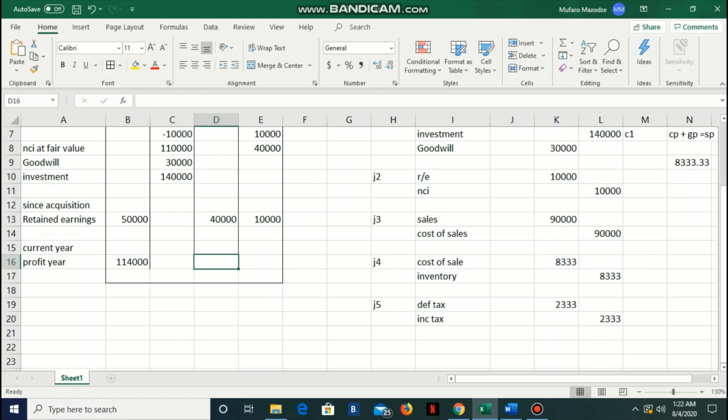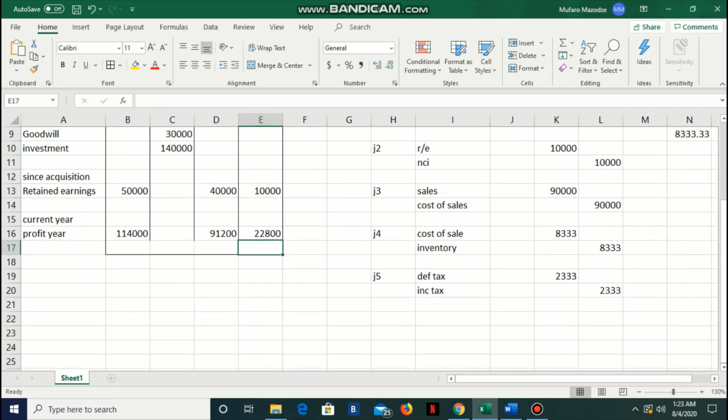And then we say equals this amount times 0.8, and then this NCI column is going to be basically that less that, and then we get 22,800. And in this 22,800, guys, there's a journal for this, and it's so easy to actually forget these things, but there is marks for this at CTA level.